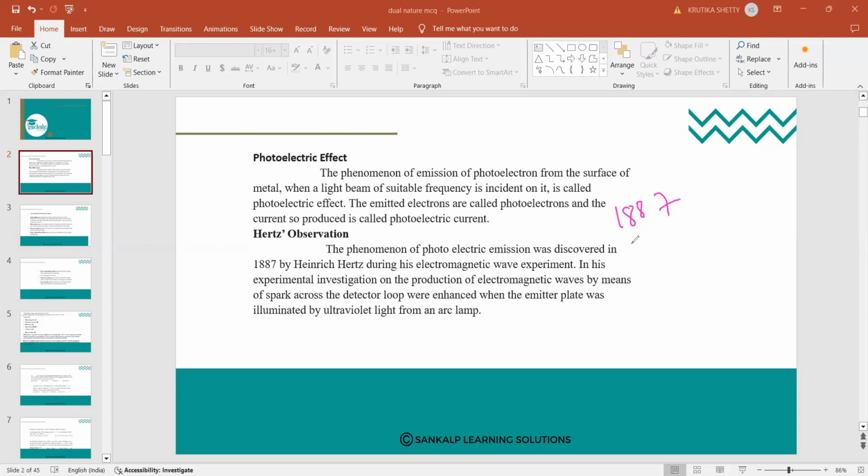For the photoelectric effect, he took two evacuated chambers. Along with Lenard, he performed this experiment. So the experimental setup is, you can see the experimental setup.